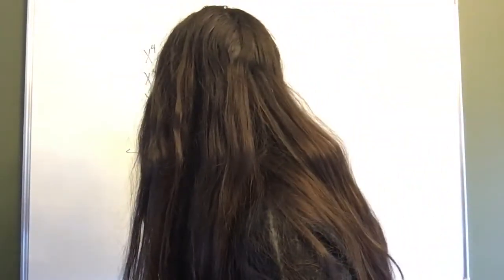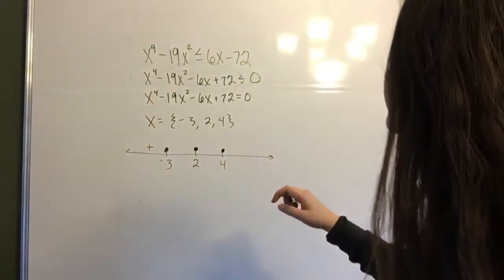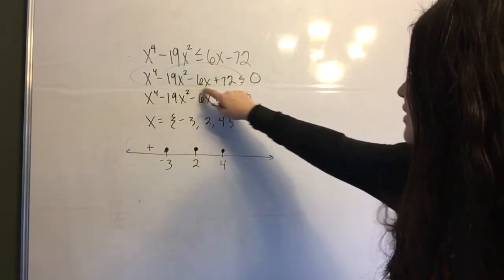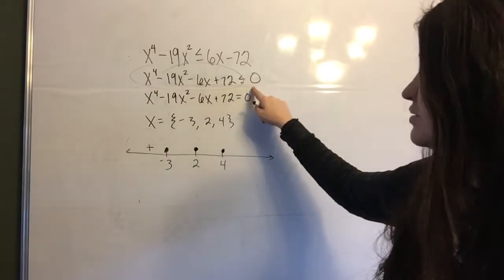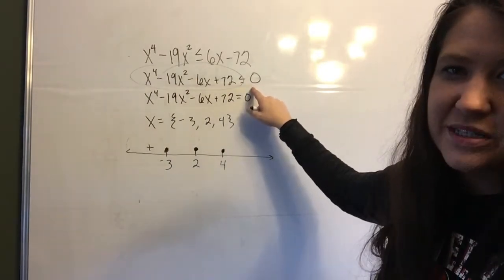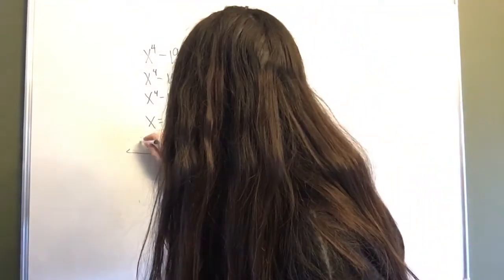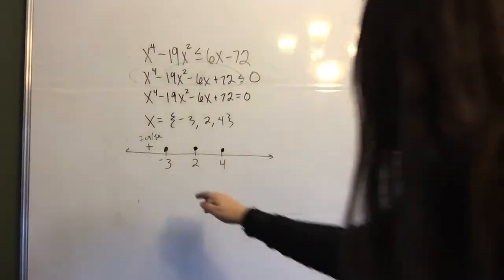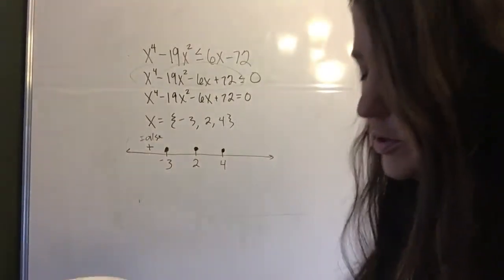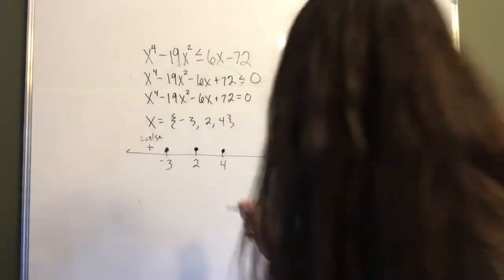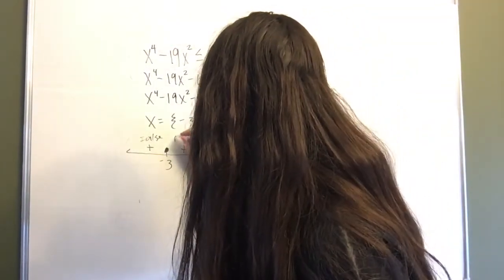So I'm going to put a plus sign here to say that's positive. If we got a positive value here, is it less than or equal to 0? No, right? Positive numbers are not less than or equal to 0. So this is going to be a false interval, right? And then we keep going with this. So let's test something here. We could test 0. If we plug 0 in, I got 72. So we got another positive answer. So that's false as well, right?